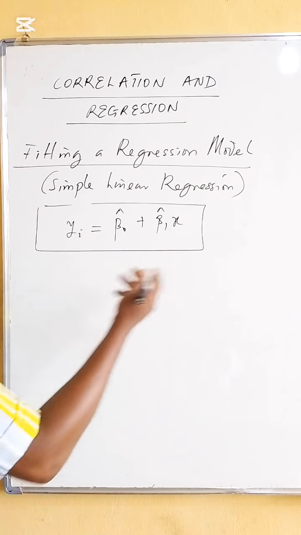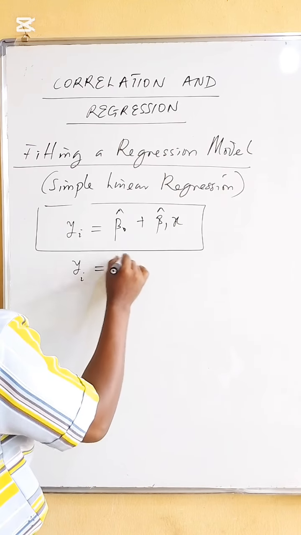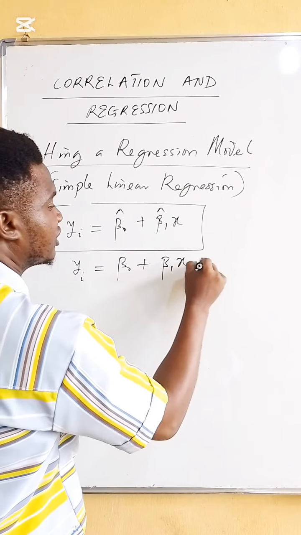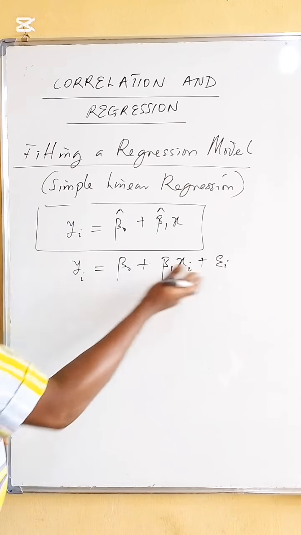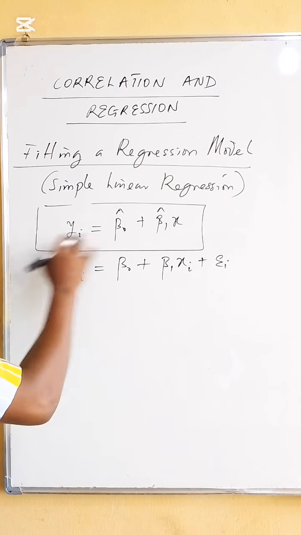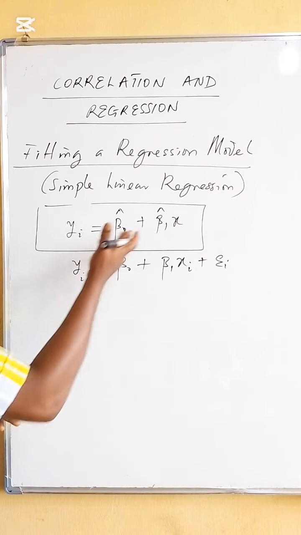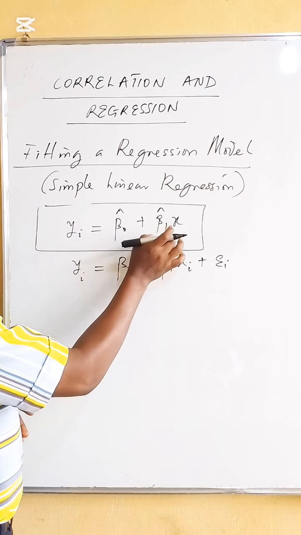Now we will start from the general model we had previously, the one that contains the error term. Notice that in this form of the model there is the error, and in the fitted model there is no error. So to get this particular model involves getting the exact expressions for beta naught cap and beta 1 cap.